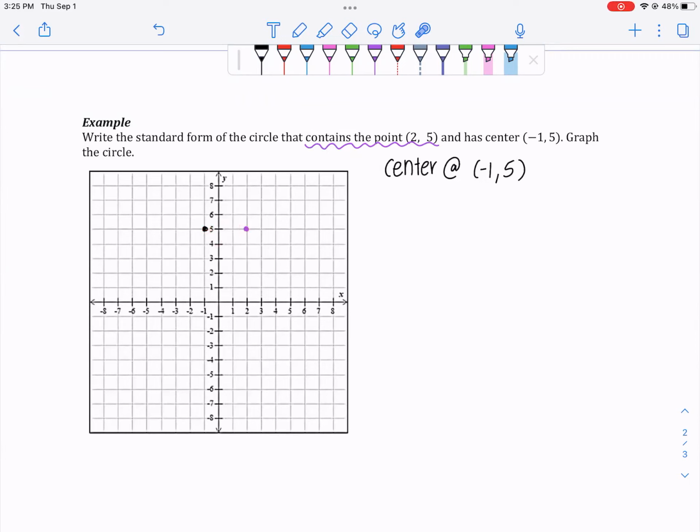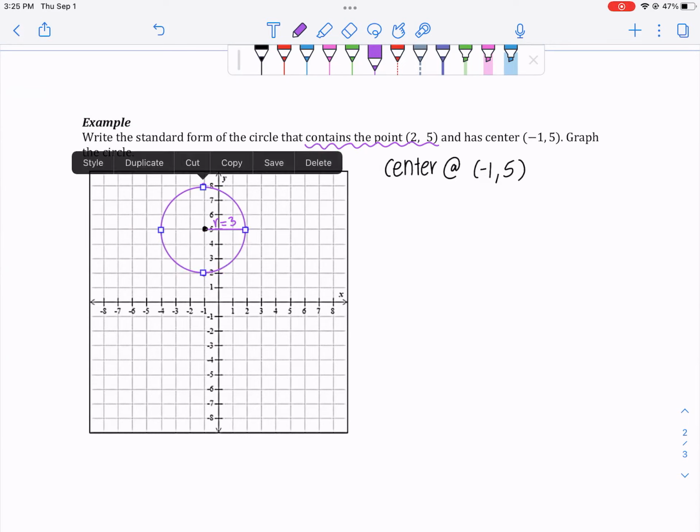That means that this distance right here has to be the radius. Because if this is the center and this point's on the circle, the distance from the center to the circle is the radius by definition. So I can finish this problem without doing any additional math and be done.